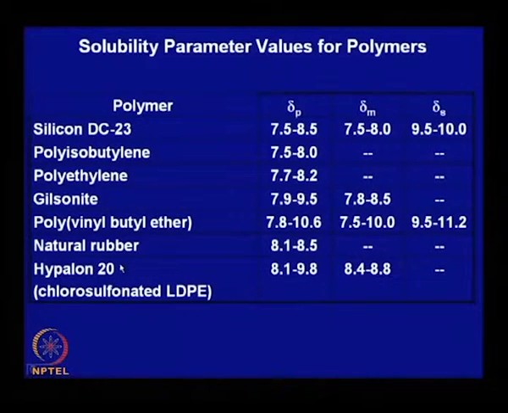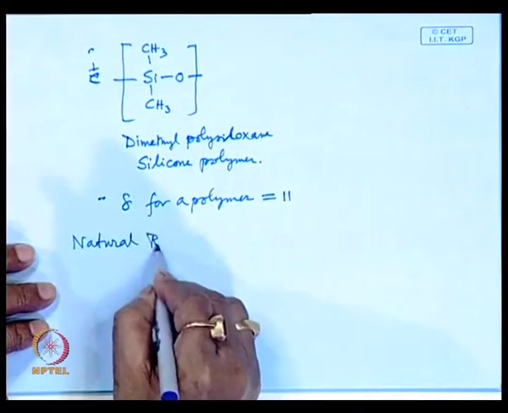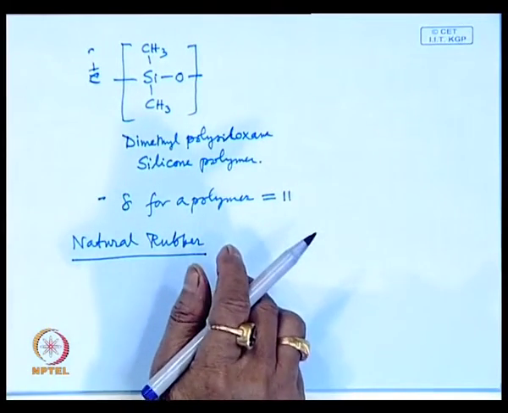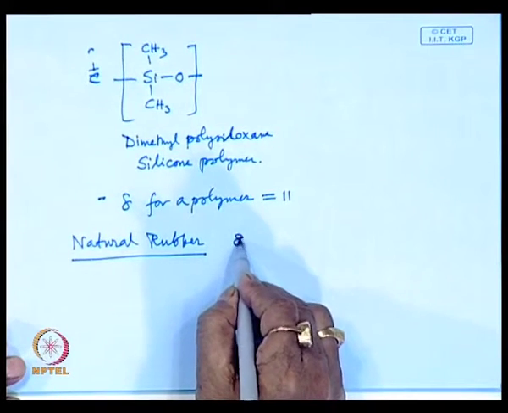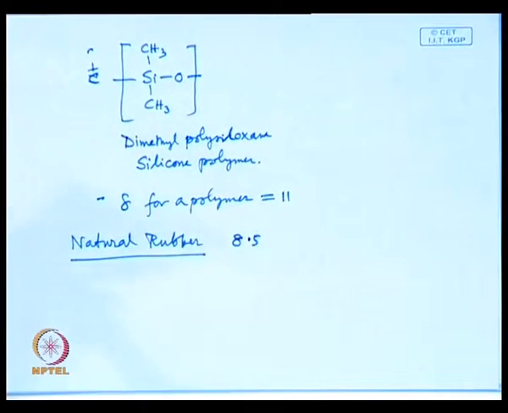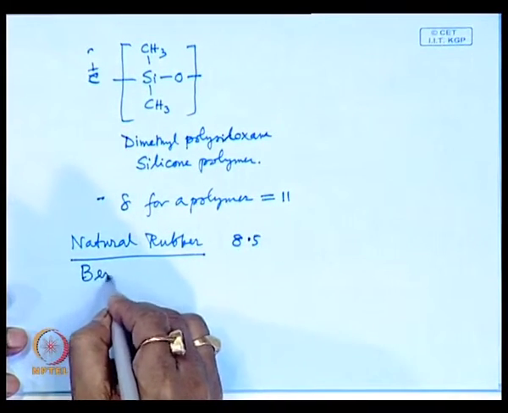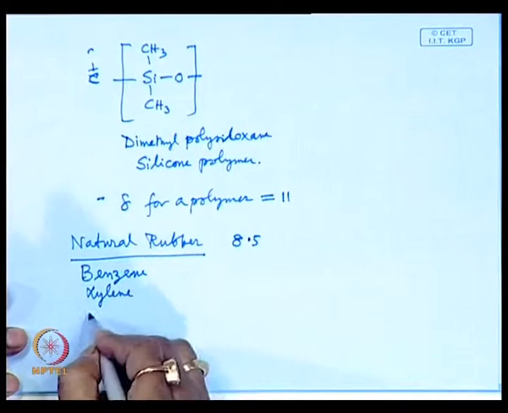It will be a little complicated. You take natural rubber as an example. Natural rubber, its solubility parameter is around say 8.5, okay, and a good solvent for natural rubber is benzene, xylene, toluene.